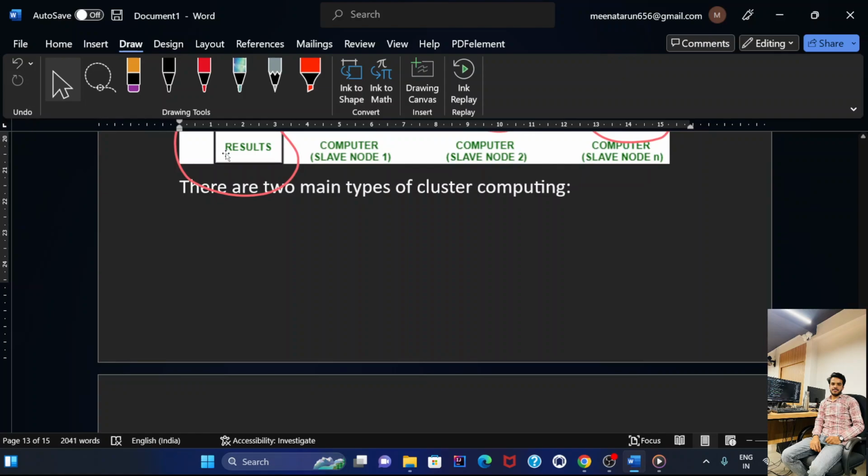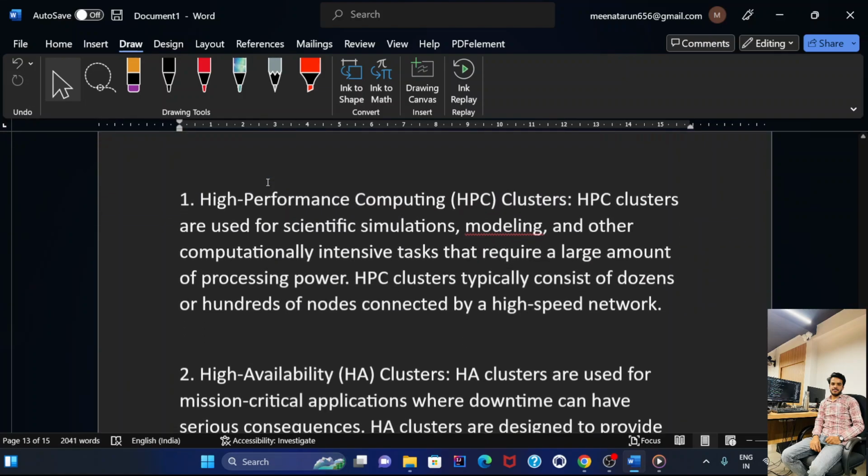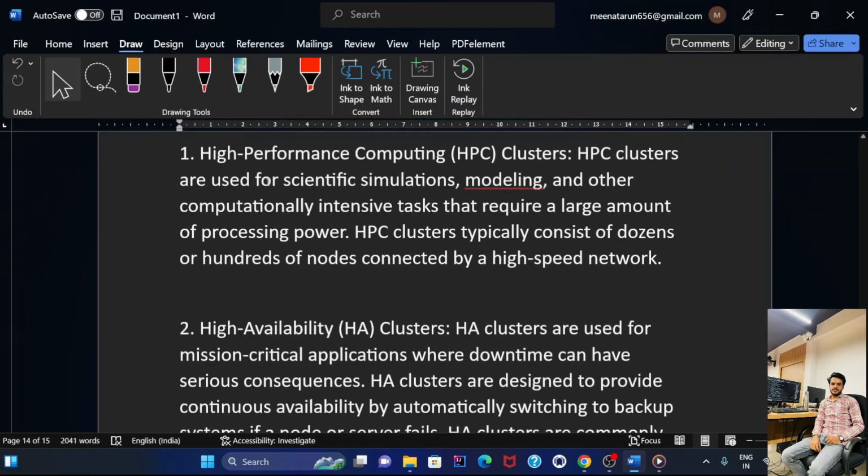There are two main types of cluster computing: high performance and high availability. High performance computing clusters are used for scientific simulation, modeling, and other computationally intensive tasks that require a large amount of processing power. An HPC cluster typically consists of dozens or hundreds of nodes combined through high-speed networks.